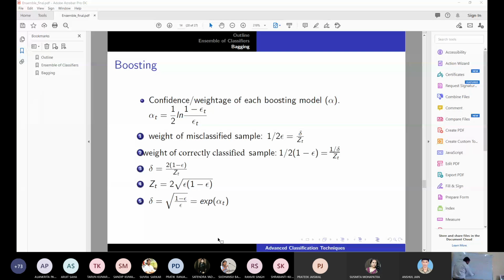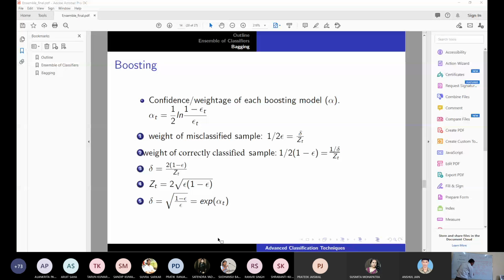Now if you take these two out here, these two will cancel out. So this will be epsilon_t into square root of epsilon_t into 1 minus epsilon_t. Okay? Yes, sir. Now you have to find this value delta T. What is delta T?